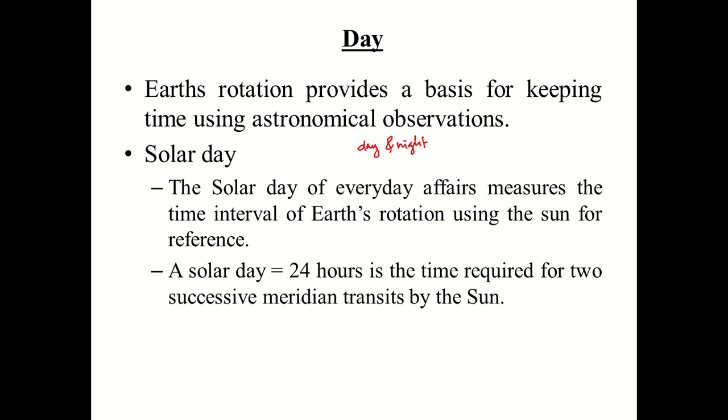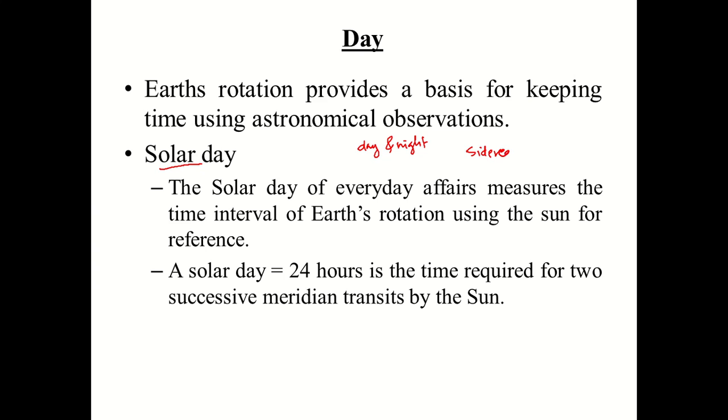So we can define the day based on this rotation, and for this rotation we will use some reference point. Based on the difference in the reference point, we can define two types of day. One is called the solar day, and the other is called the sidereal day.